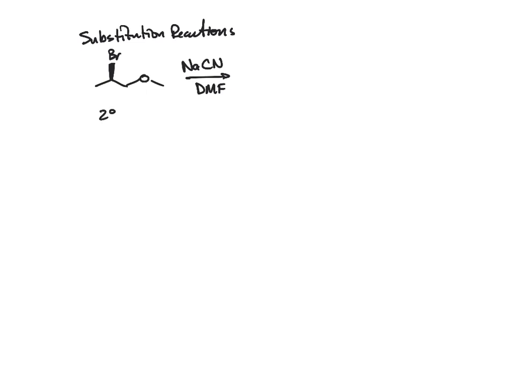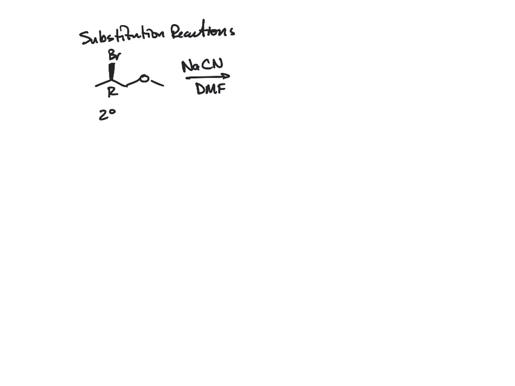So R, everyone buys R. So we have R stereochemistry. So let me be clear. That's useful, but this does not tell you necessarily about inversion in an SN2 mechanism.